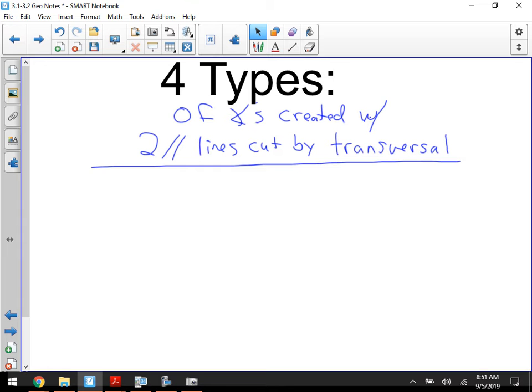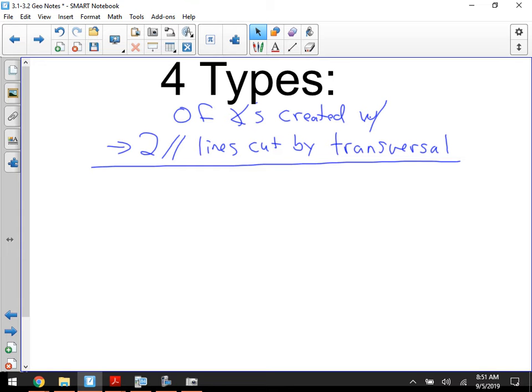So what we do here is we write that out a lot: two parallel lines cut by a transversal. And us being math people, not liking to write things, we like to come up with symbols. Hence why we have a symbol for parallel, a symbol for perpendicular. We have symbols for everything.